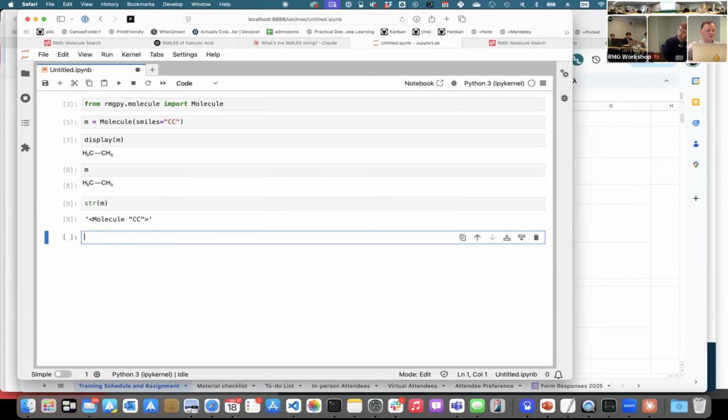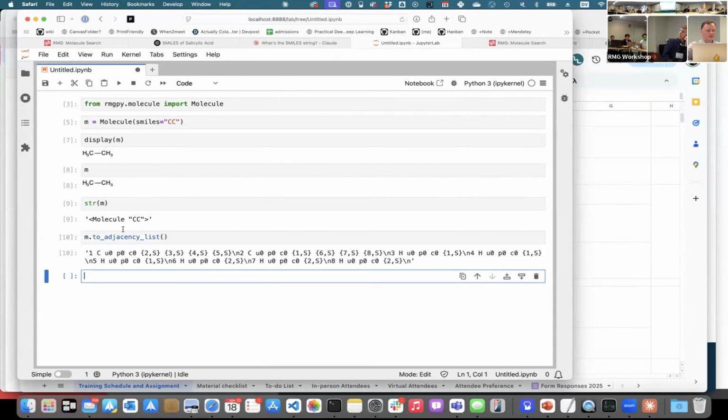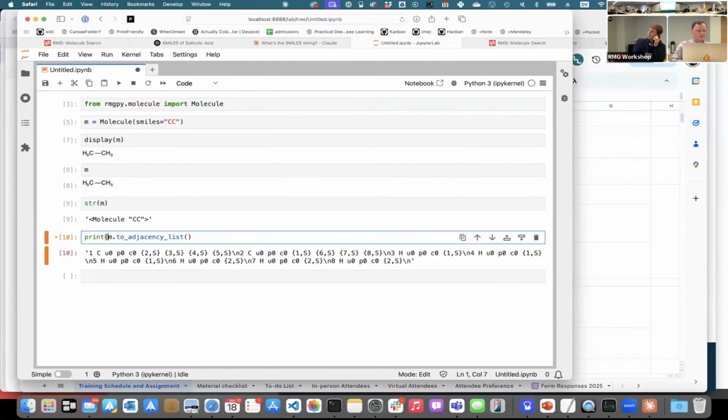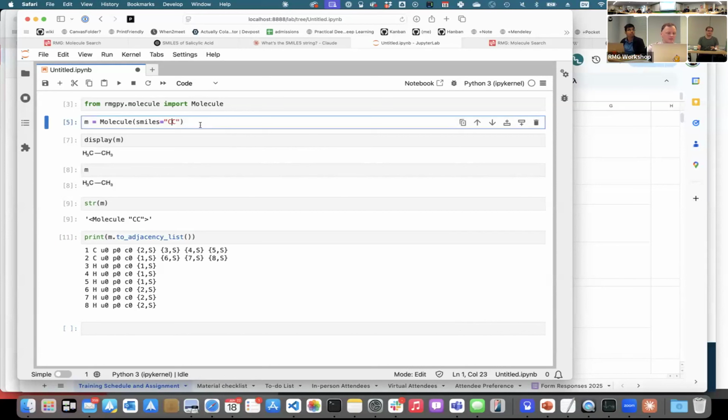If I do string M, it gives me the molecule and it defaults to the SMILES string. I could do M.to_adjacency_list, and if I print M.to_adjacency_list, it gives me the adjacency list. So these are worth exploring.